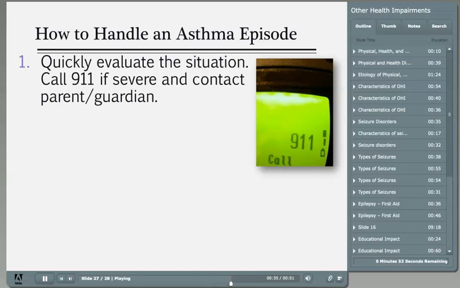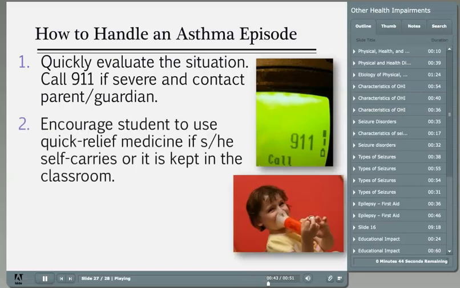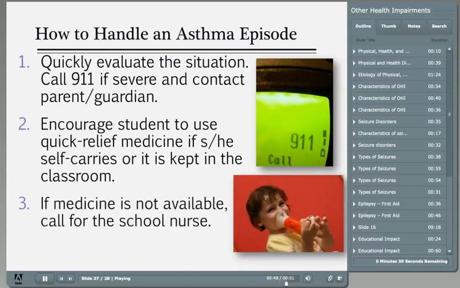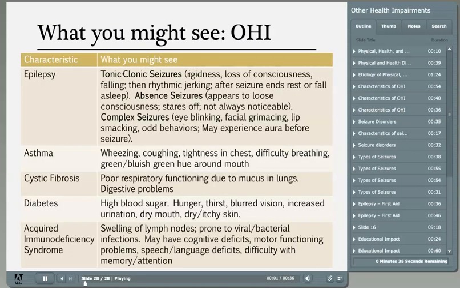These plans usually involve evaluating the situation and calling 911 if the student is in severe distress. Encourage the student to use their medication as directed, and call the school nurse or other designee if the student does not carry the medication. Before we end this lesson, take a minute to review this slide.